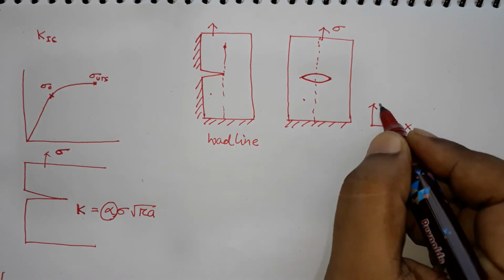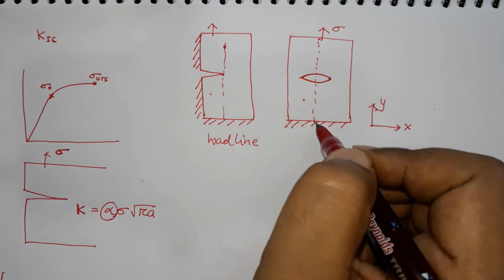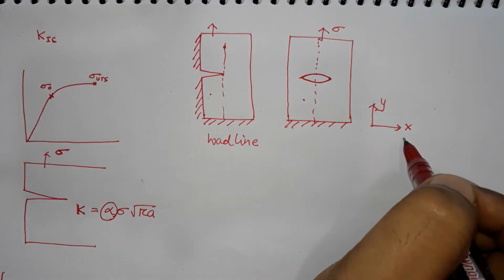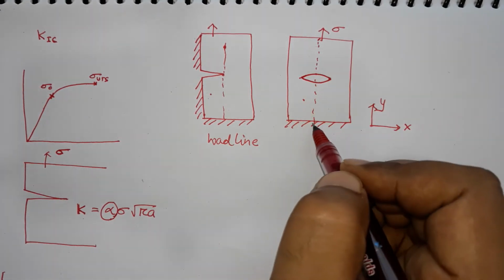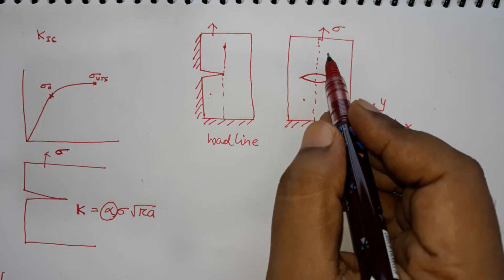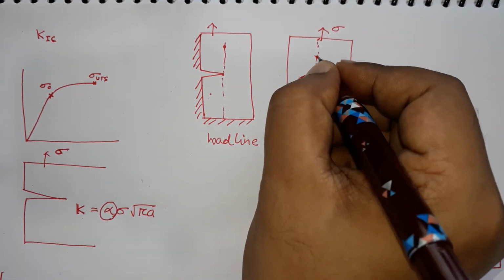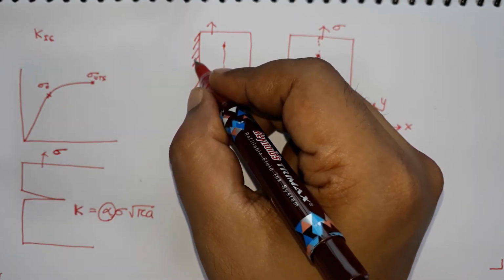So, if this is my x axis, this is my y axis. So, along this line you have symmetry on x axis. So, you have x symmetry. Okay. So, this is the axis of symmetry, and you have to maintain same. So, imagine a point here, and this point cannot deform freely as it will happen in this case.